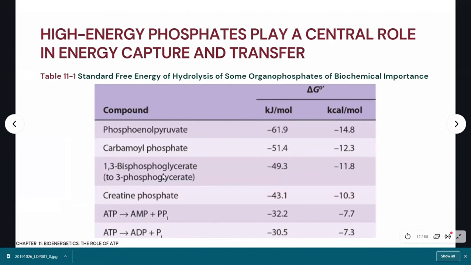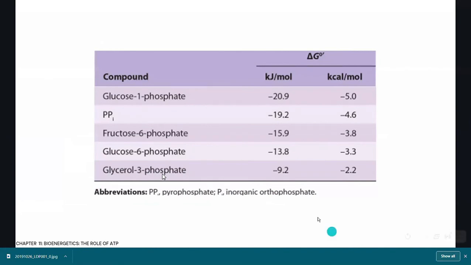Below your ATP are now considered as low energy phosphates. Glucose 1-phosphate has only 5. Pyrophosphate removed from ATP is only 4.6. Fructose 6-phosphate is 3.8, glucose 6-phosphate is 3.3, glycerol 3-phosphate is 2.2.